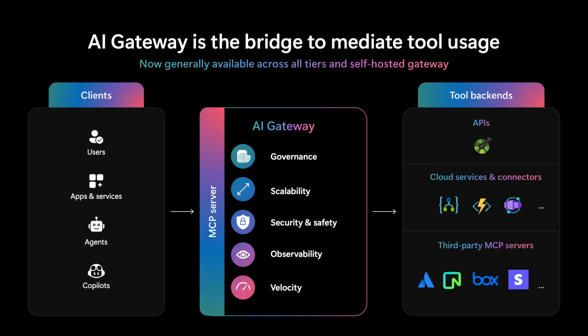Here I have just listed a few examples such as logic apps, functions, container apps, etc. You could also want to mediate access to third-party MCP servers natively and apply the same set of governance policies that you're applying to your first-party APIs and services. You could talk to any kind of third-party MCP servers such as Atlassian, Stripe, Box, Neon, or anything else.